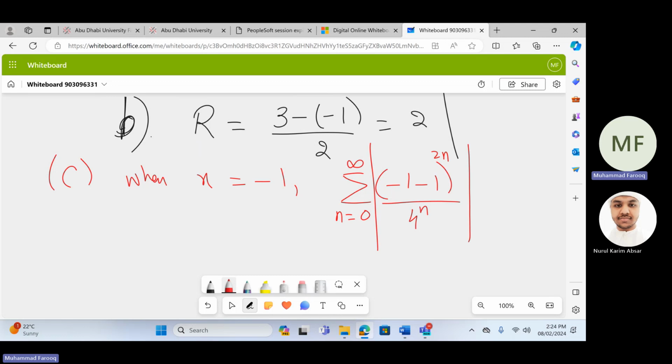First of all I put x equal to -1 in my series to check which series I will get. And you know very well, first we check with absolute value.